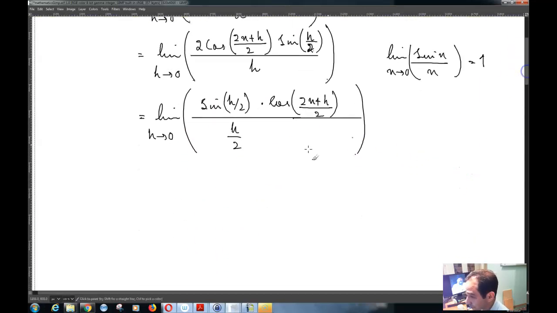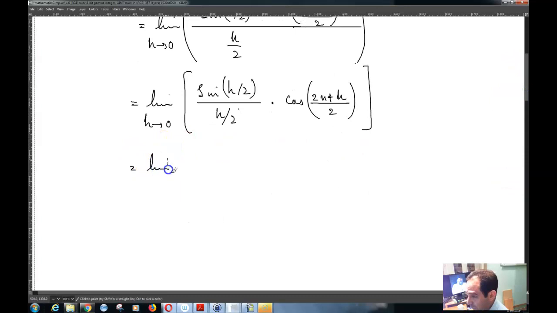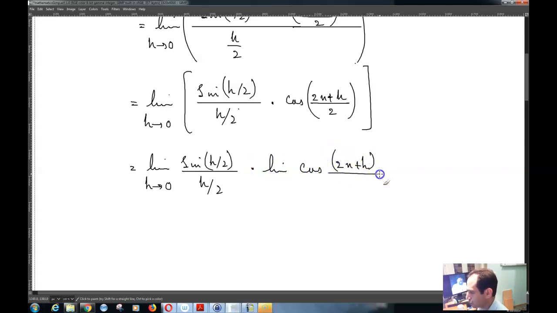So I can write this as the limit of sine of h divided by 2, divided by h divided by 2, times cos of 2x plus h divided by 2, as h tends to 0, which I can write as the limit of sine of h divided by 2 divided by h divided by 2 as h tends to 0, times the limit of cos of 2x plus h over 2.